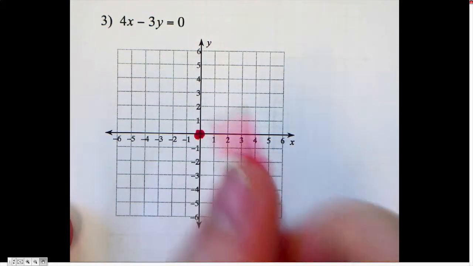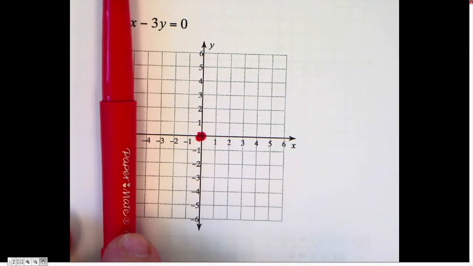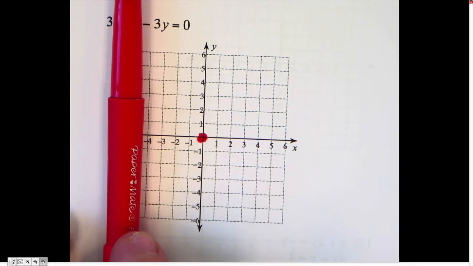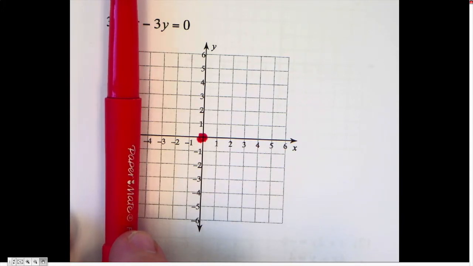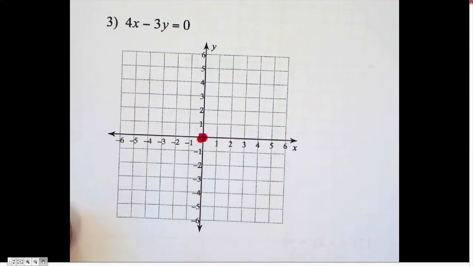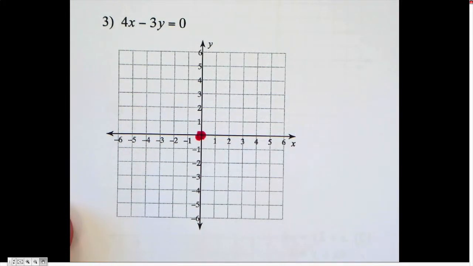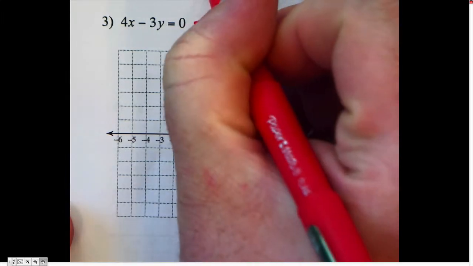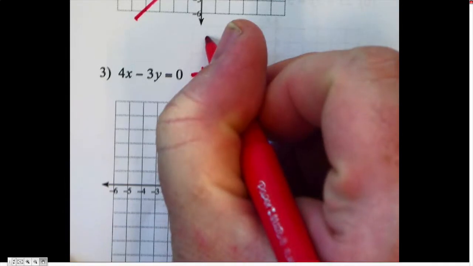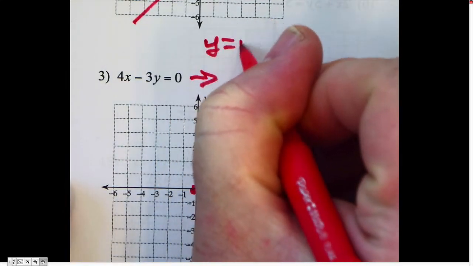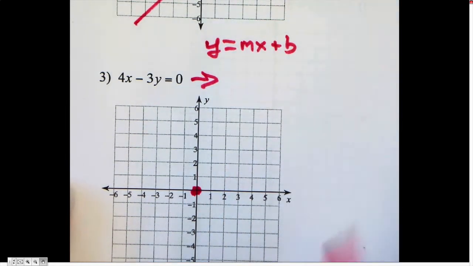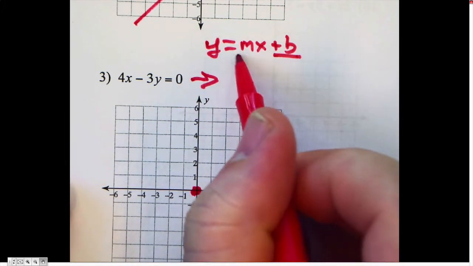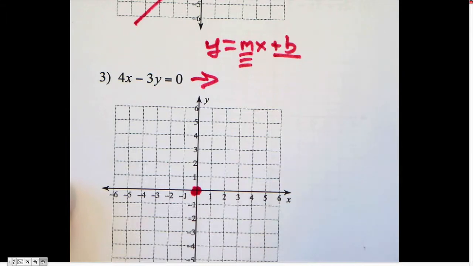And same if I do the other one, 0 divided by negative 3 is also 0. That doesn't tell me anything. This is one of those times where you need to actually convert it into the slope-intercept form, which is y equals mx plus b. So we know our y-intercept, and more importantly, we know our slope.